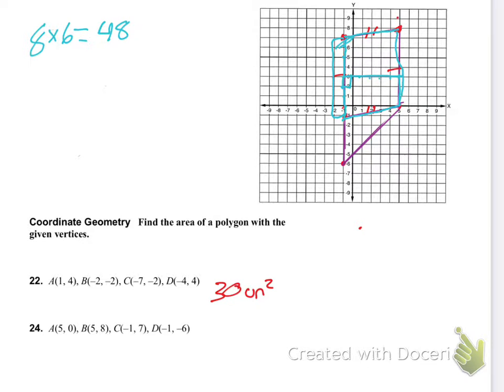So now that I have that done, what I can do is focus just on this triangle right here. Okay, so keep in mind, again, this is a tricky one. This is our triangle as we see it right now, but we don't know the height.